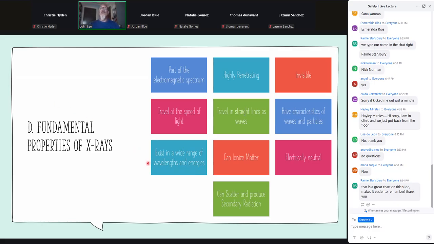They do exist in a wide range of wavelengths and energies. A lot exist at the lower energy levels that do not fit in the diagnostic range, and there are many that exist higher than our diagnostic range.